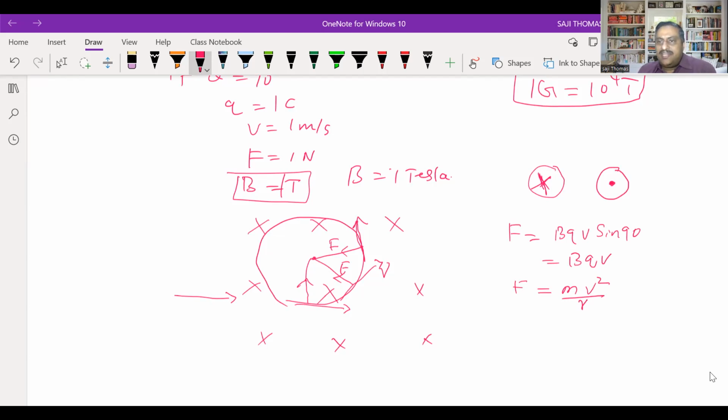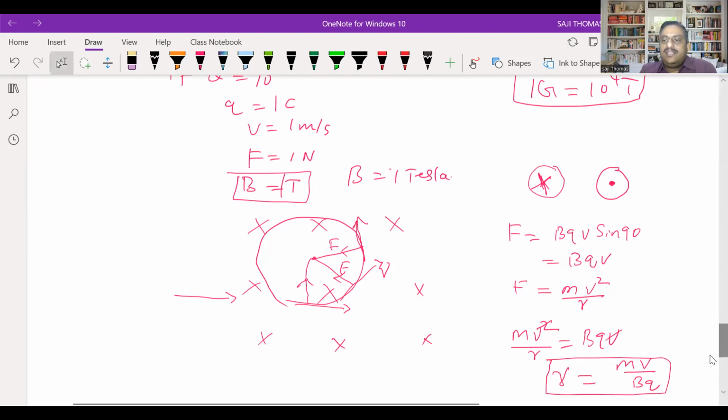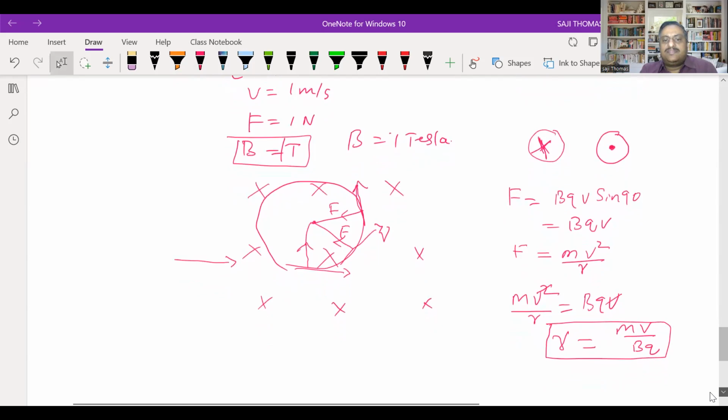So this magnetic force provides the centripetal force. That means mv square by r equals vqB. From this, you can find out r. One velocity cancels, and you get r equals mv by Bq. So this is the equation for the radius of the circular path.